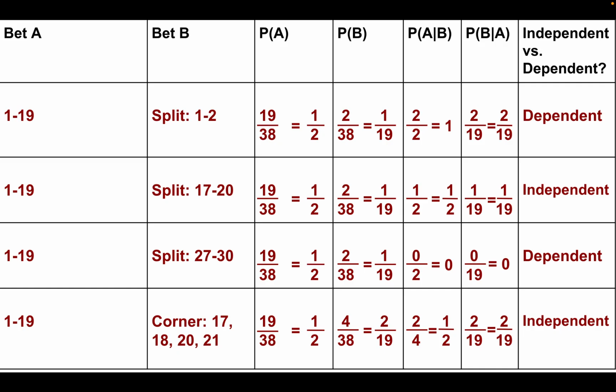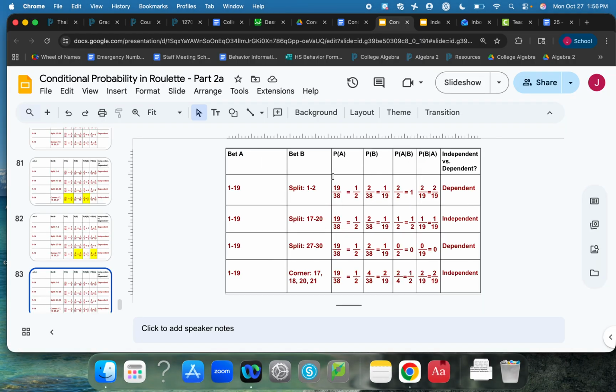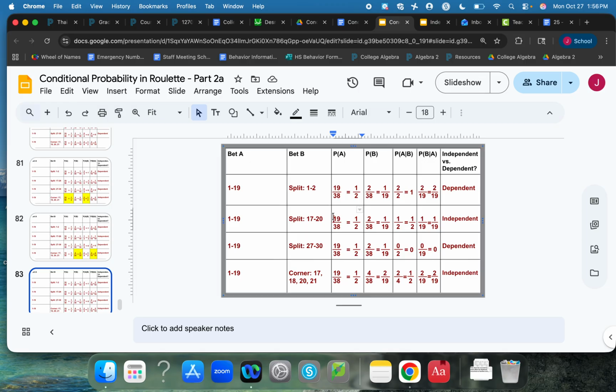Well, I'm just going to give you guys the key here and not really talk too much about why it works. But if we look at our numerators, if I take 19 times 2, that equals 38. And so in that case, if I get the overlap right, my bets will be independent.